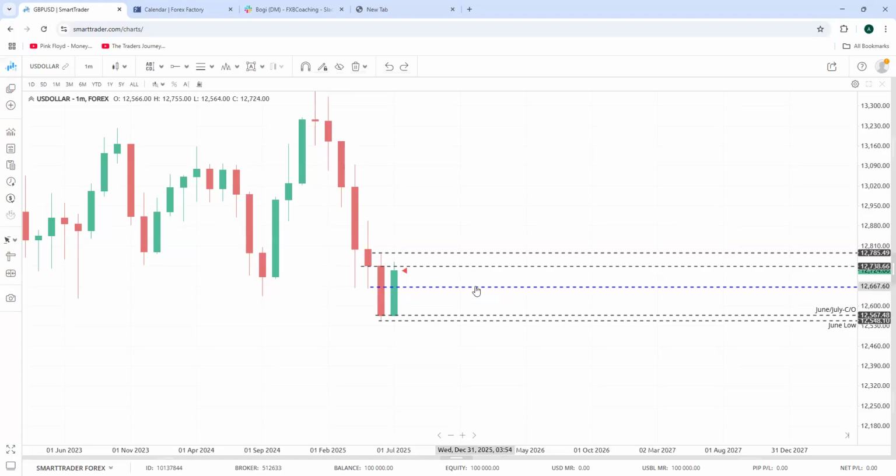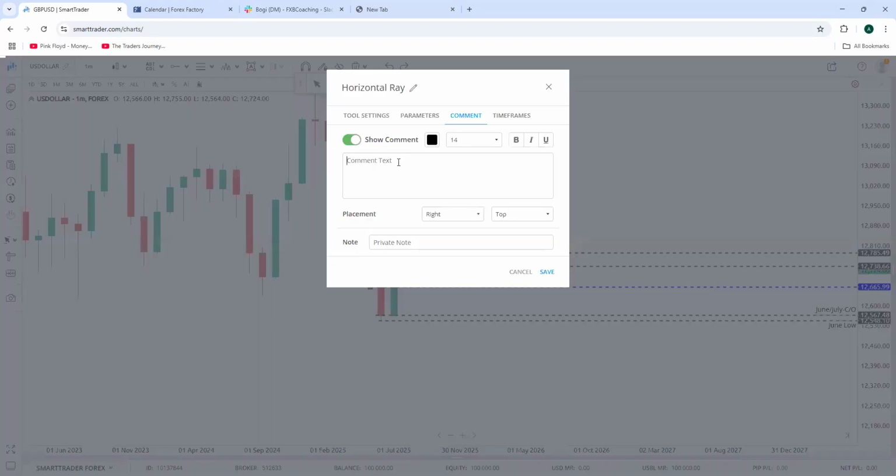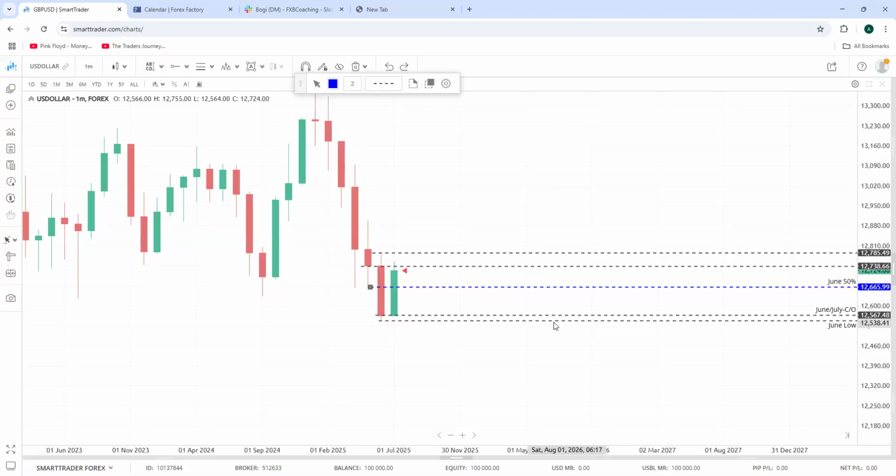Now this is the June 50%. Now remember I said that because price is above it, it is actually acting as support right now.